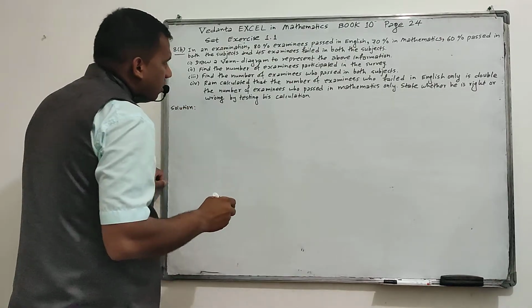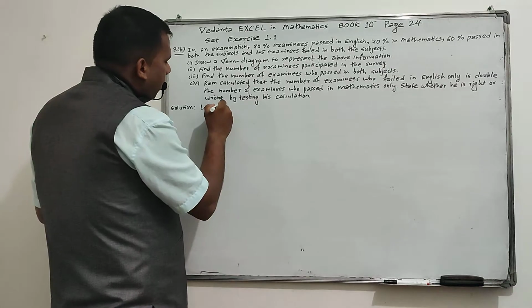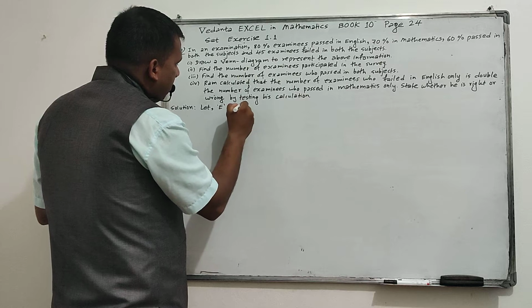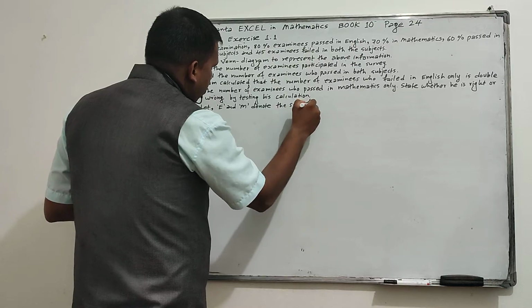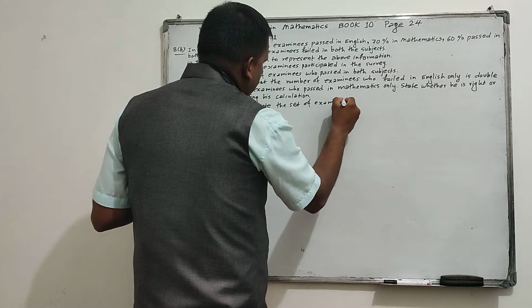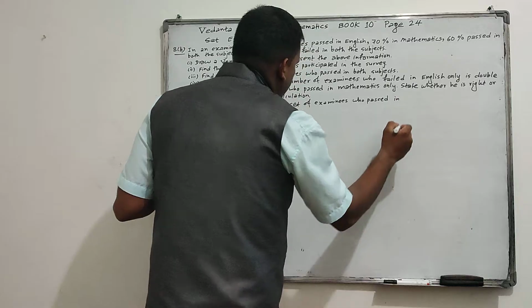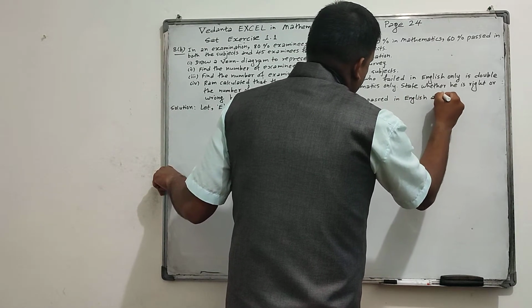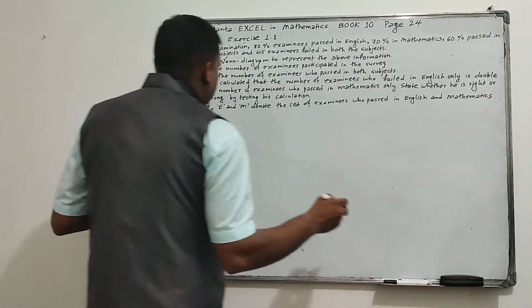We have to suppose the sets first. Let E and M denote the set of examiners who passed in English and mathematics respectively.